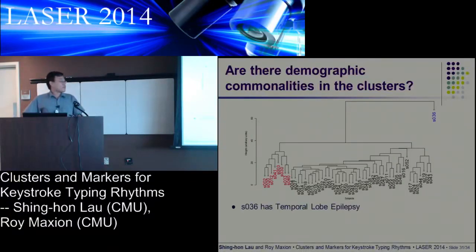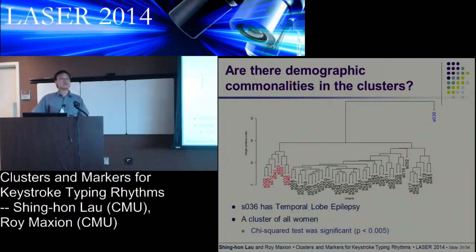It turns out that subject 36 has temporal lobe epilepsy. This is a relatively rare condition, and it's not a condition that anybody else in our subject pool suffers from. And so we think this is affecting his typing in a way that makes him so distinct from the remainder of the population.